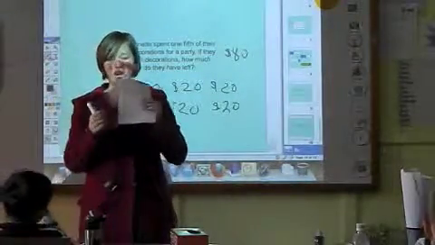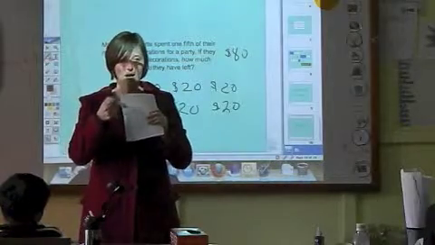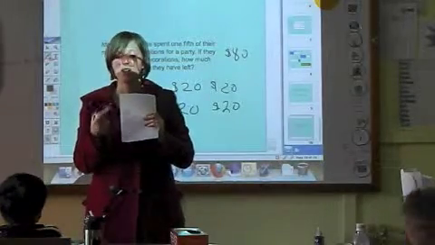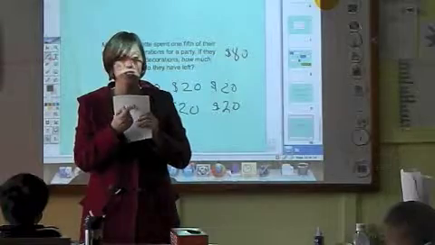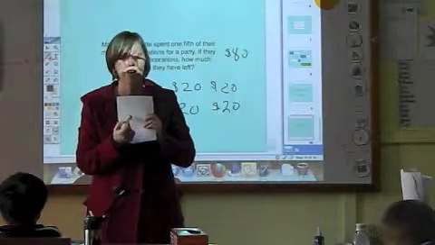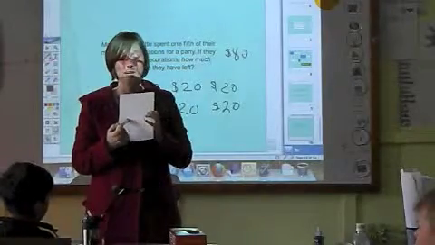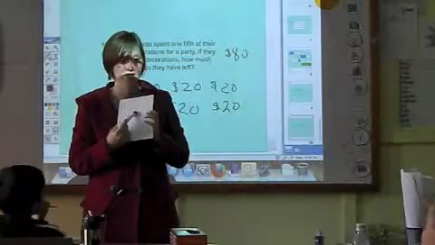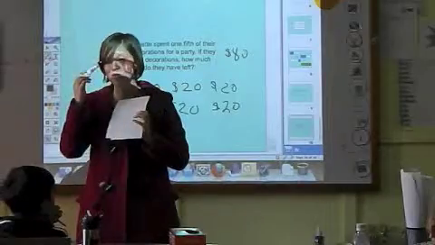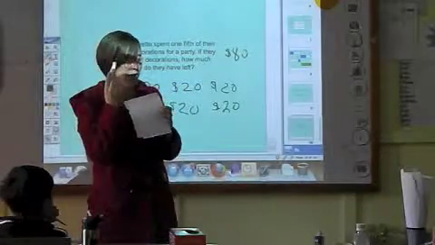On your paper, I want you to do a number 1 and a number 2. For each answer, I want you to write what you think the answer is. And I want you to illustrate, which means draw a picture or explain in words how you did it, so I can see how you're thinking about this.